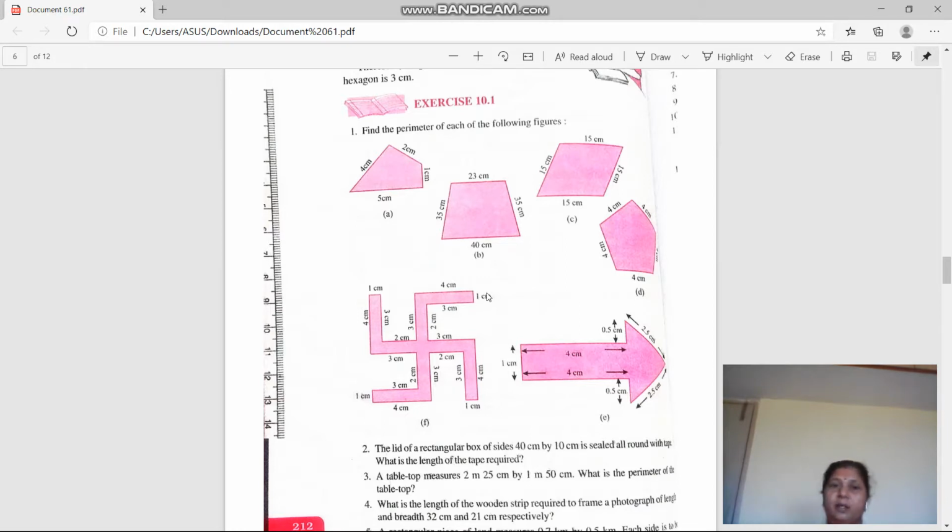So see here, 1 plus 3 plus 2 plus 3 plus 4 plus 1 plus 3 plus 2 plus 3 plus 4 plus 1 plus 3 plus 2 plus 3 plus 4 plus 1 plus 3 plus 2 plus 3 plus 4. Clear everyone?